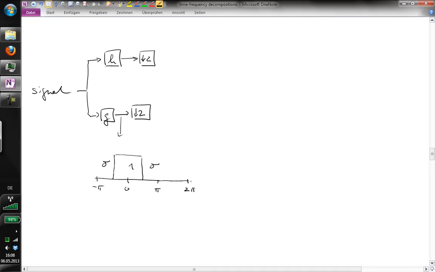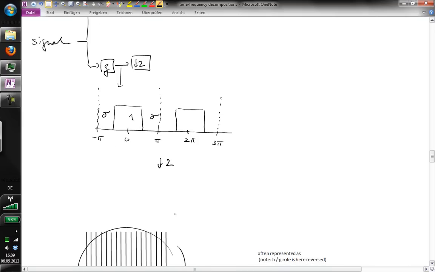And here, due to the periodic boundary conditions, this continues. And if I now downsample this perfectly low pass filtered signal by a factor of 2, what happens is the following.